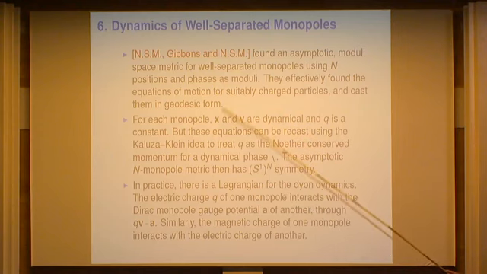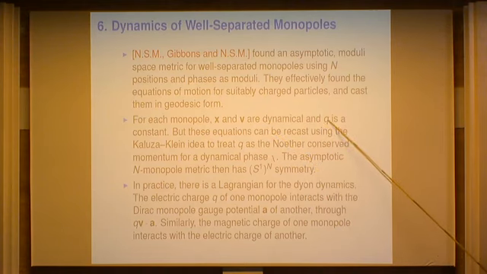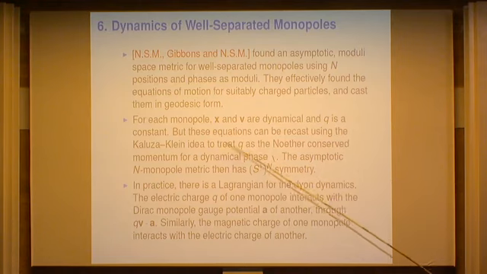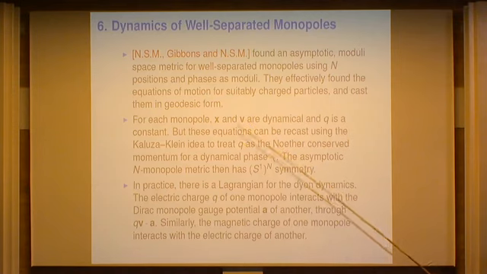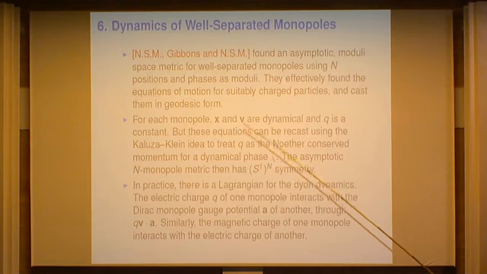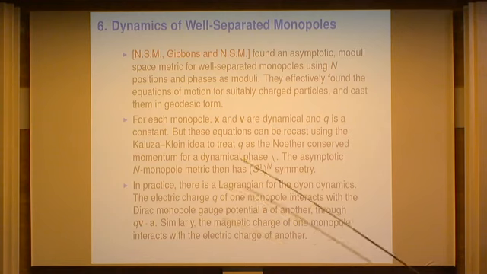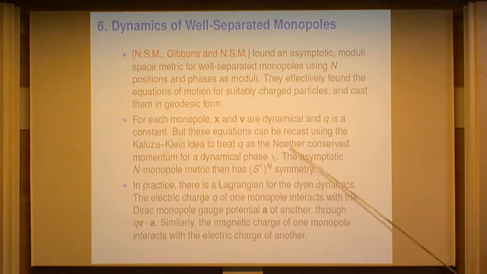So the variables we worked with are the position and the velocity of the monopole and the electric charge. And the electric charge is a constant. So we basically get equations not in a 4n-dimensional moduli space, but a 3n-dimensional position space. But we want to recast it in a 4n-dimensional language. And we did that by treating Q as a Noether conserved momentum for a phase chi.